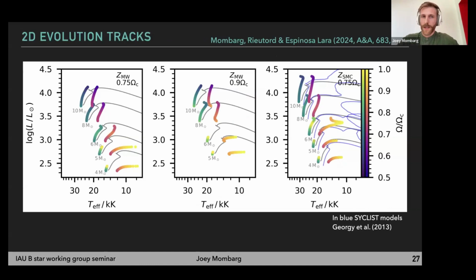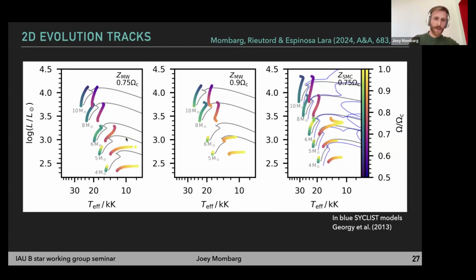Here I'm showing you the results. You see the evolution tracks of the ESTER models color-coded by the fraction of the critical rotation. We stop them once they reach critical rotation, if they reach critical rotation. We've done this once for a metallicity representative of the Milky Way for different initial rotation rates, and once for a metallicity representative of the Small Magellanic Cloud.